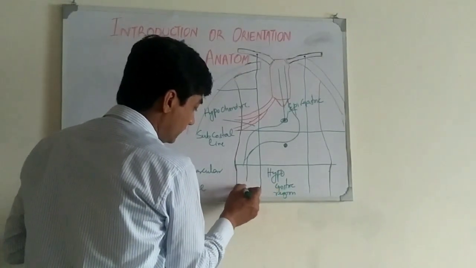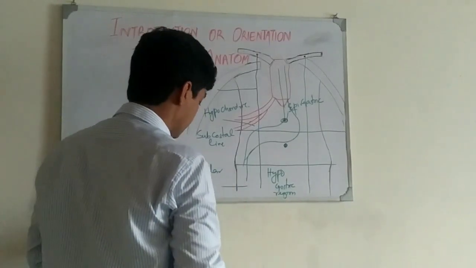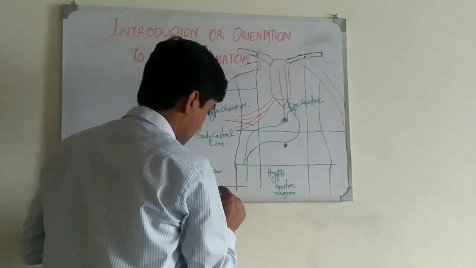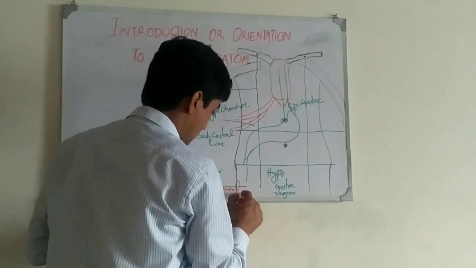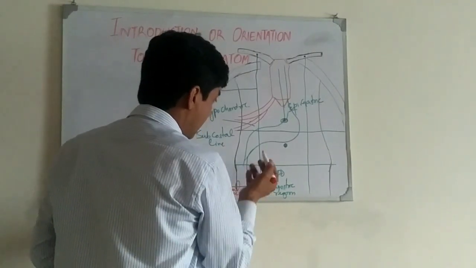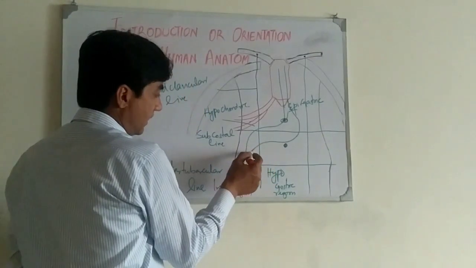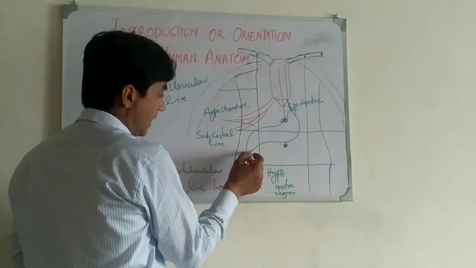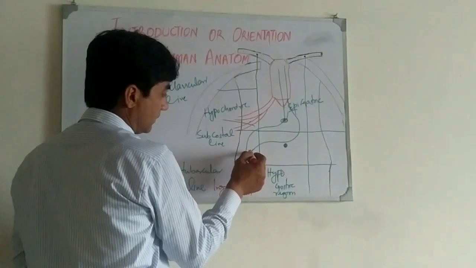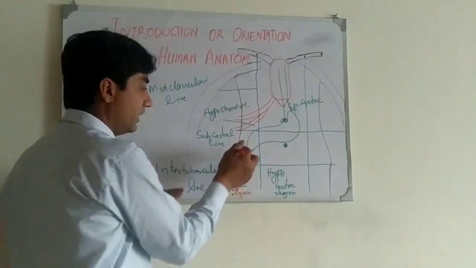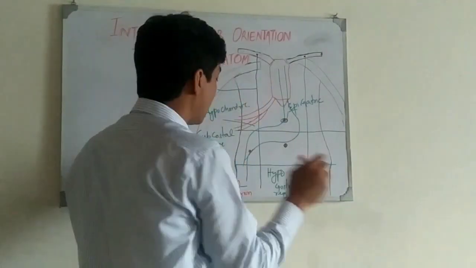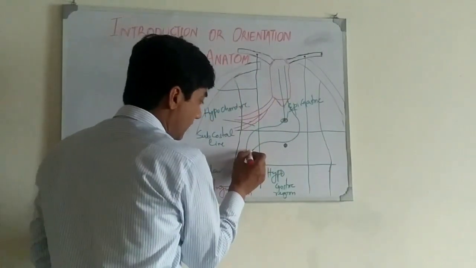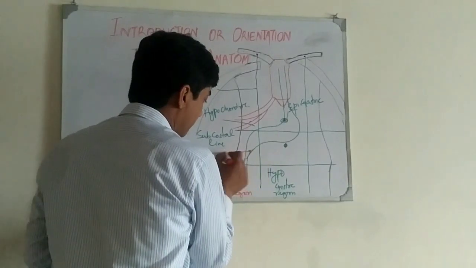So this region is called the inguinal region. And this region is at the umbilicus, called the umbilical region or lumbar region, because at the posterior side the lumbar vertebrae are found. That is why this region is called the lumbar region.